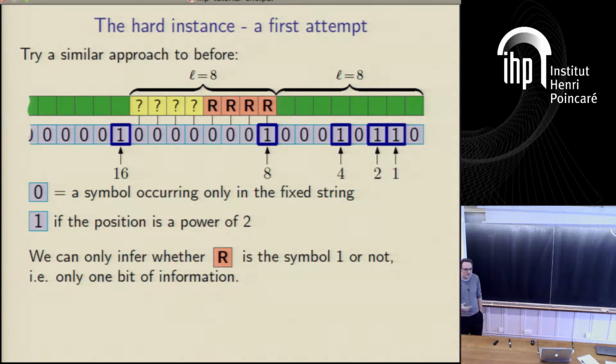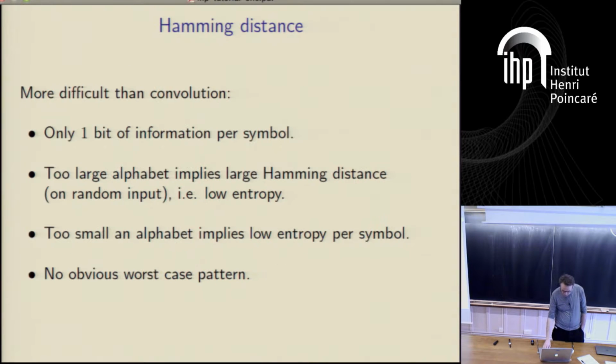Whereas previously, in the inner product case, we actually find out what the symbol was. Now we just get one bit of information. Does it equal it or not? And the alphabet size is large. That doesn't tell you a whole lot about the symbol, right? Whether it just equals 1 or not. In fact, you could imagine maybe it never equals 1, depending on what the input distribution is. So this just doesn't give us much information.